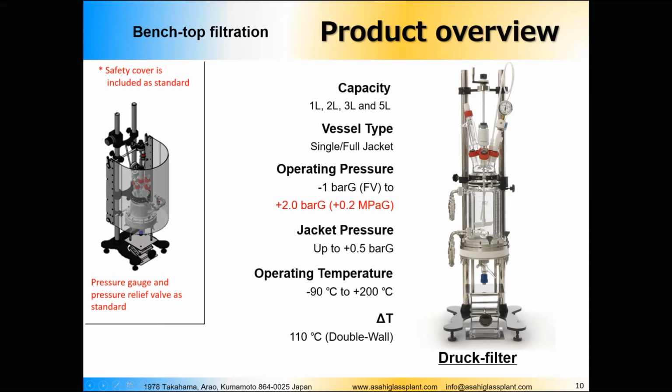Jacket pressure is a standard thing. It's up to 0.5 bar, and the operating temperature is -92 to +220. Delta T for this kind of equipment is 110 degrees as well. When we're talking about filtration under pressure, it is always very important to keep in mind that we need some protection, because that's glass and we are applying pressure, so it can explode.